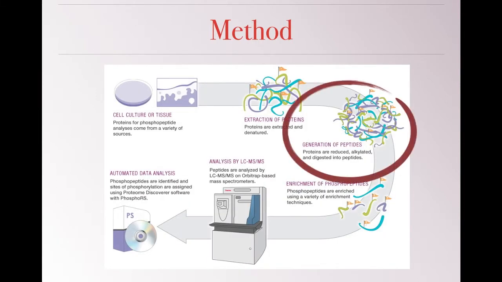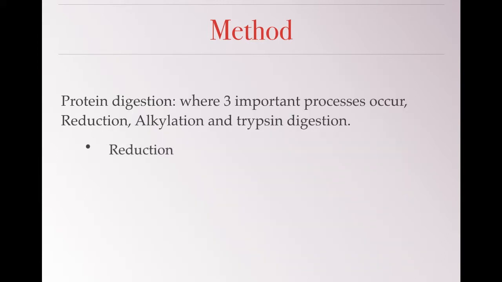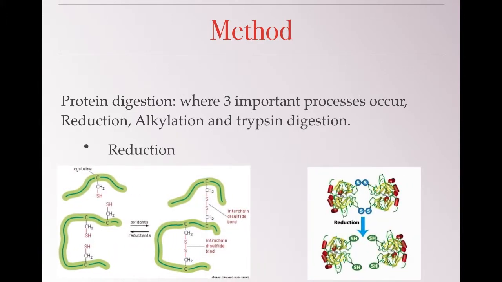Next, it is the generation of peptides. Protein digestion is when three important processes occur, mainly reduction, alkylation, and trypsin digestion. For reduction, DTT is added and incubated at 30 degrees Celsius for an hour to reduce disulfide bonds in cysteine residues.